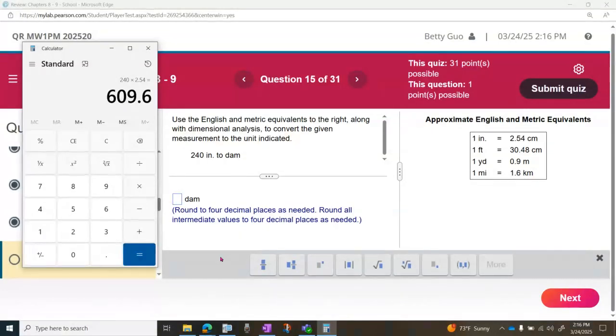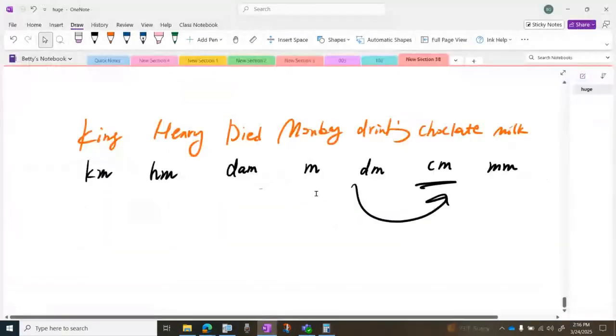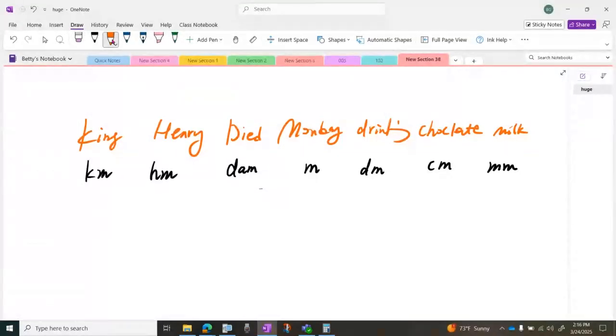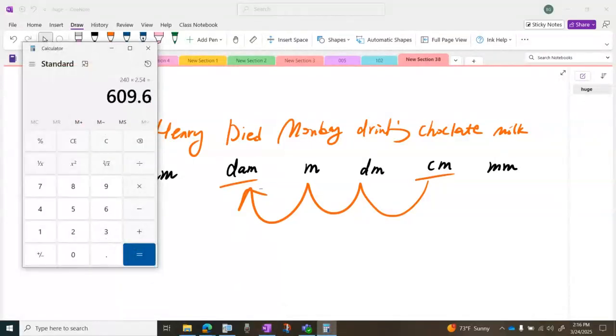Let's see from centimeter to dam. From centimeter to dam, 1, 2, 3. 3 times to the left. So for this number of centimeters, move the decimal point to the left 3 times. 1, 2, 3.